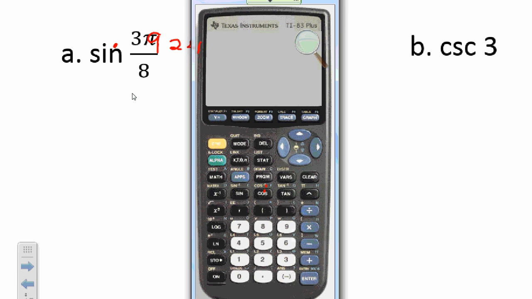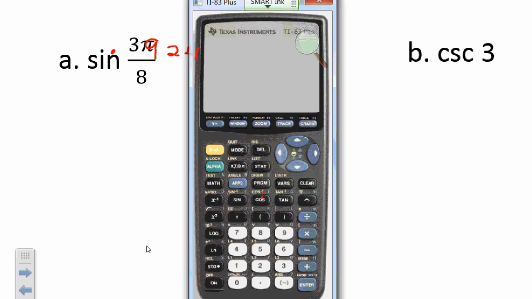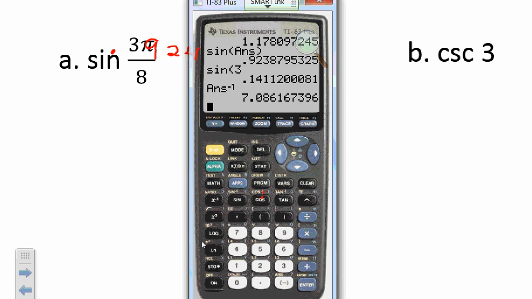So sine of 3, down here. So find sine of 3, and then once you have that answer, do the 1 over button, or x to the -1 button, depending on your calculator. 7.086. The 1 won't make the 6 change. Okay? Everybody get that?